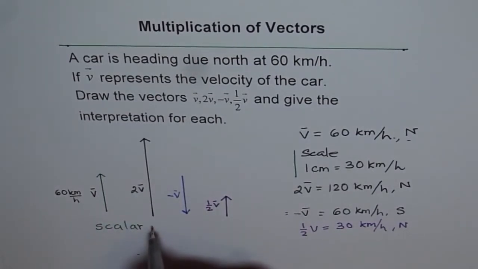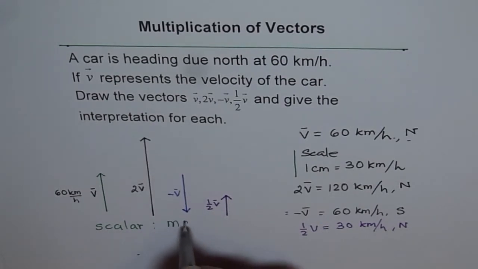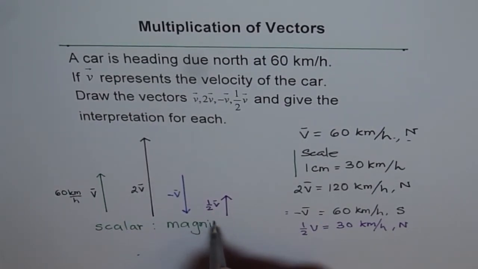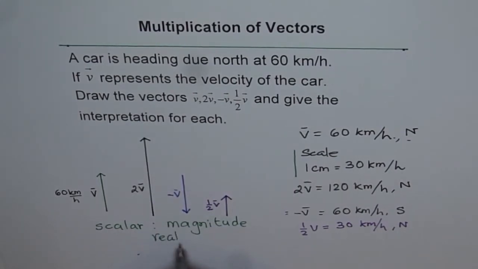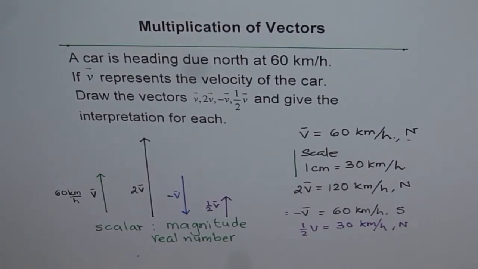We said scalar quantities are those which have just magnitude. How about our real numbers? Do they have direction? No. They have just size, a magnitude. So from now onwards, we will consider all these real numbers as scalars for us.